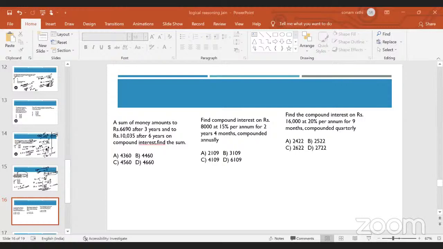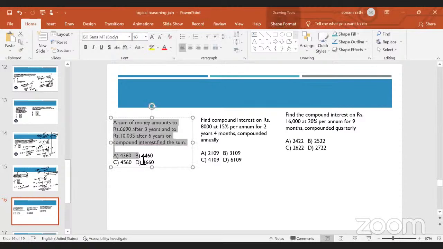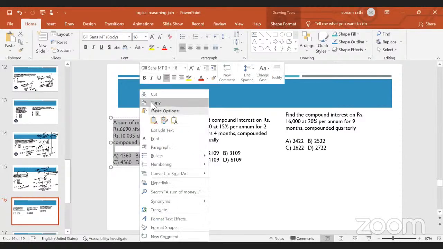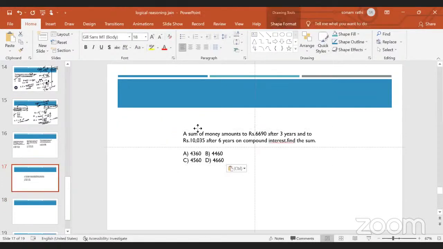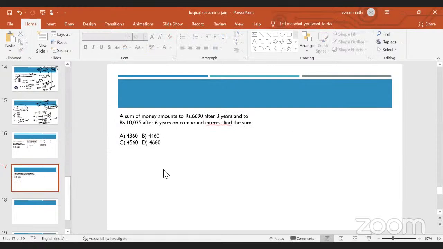A sum of money amounts to rupees 6,690 after 3 years and to 10,035 after 6 years. Okay, so how to do this question? Okay, let's do this. So it means that amount is 6690, principal you don't know, 1 plus rate also you don't know, but time you know, 3 years.